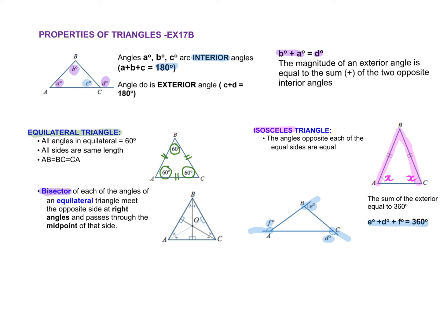But a bisector means it cuts it in half, so it's exactly halfway through. So a bisector of angles on an equilateral triangle, if you cut your equilateral triangle, you create little right angle triangles in there. All right, so you're always going to have these notes, so you don't have to worry too much.